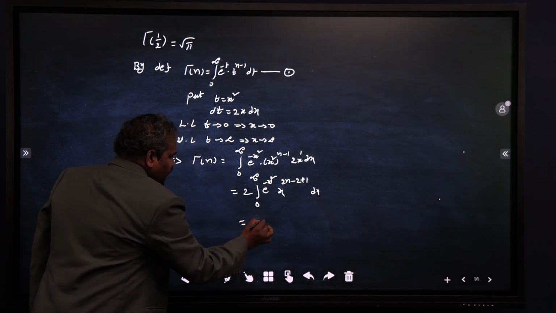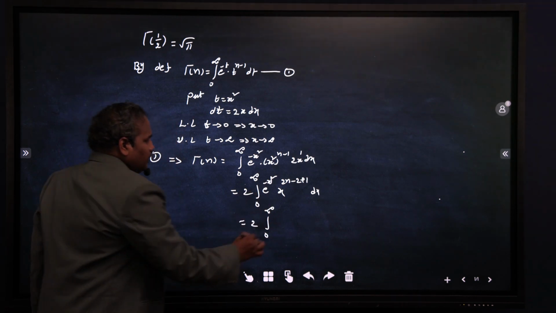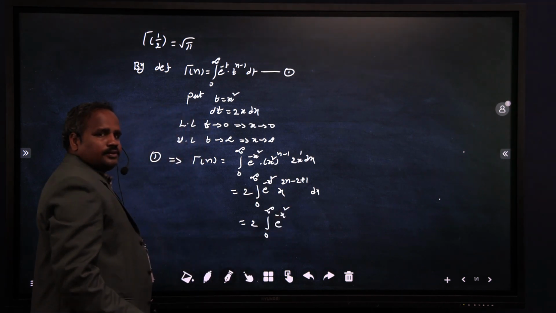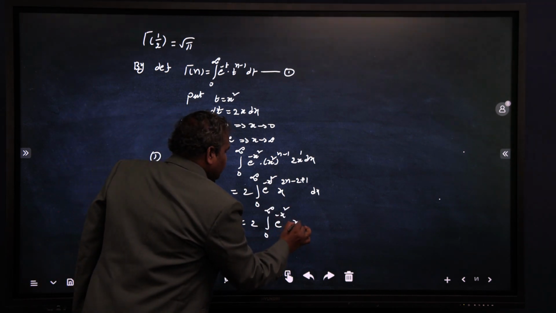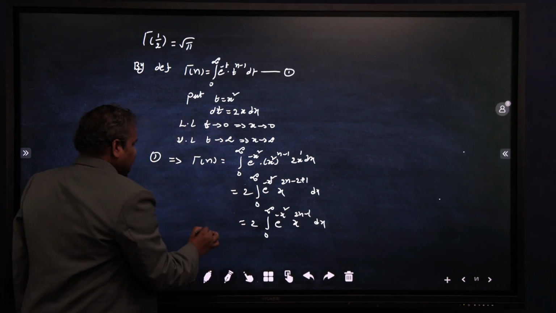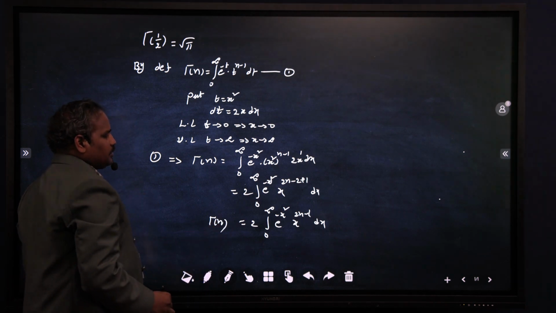So 2 into integral 0 to infinity e power minus x square x power 2n minus 1 dx. Left hand side is gamma of n.